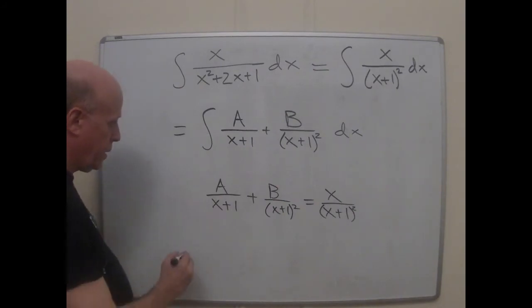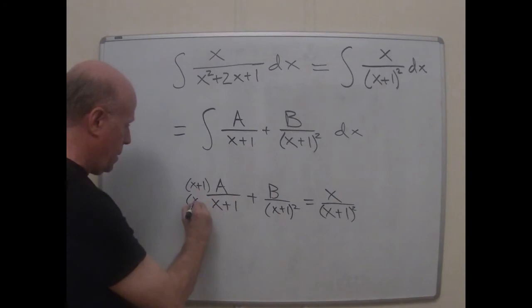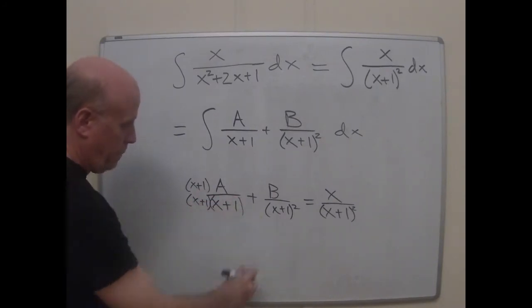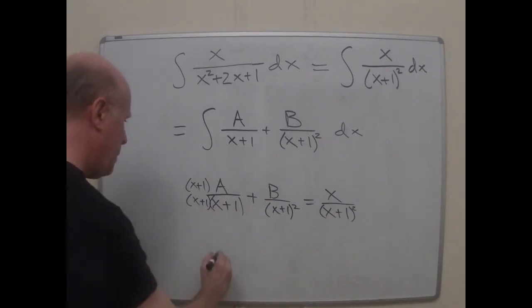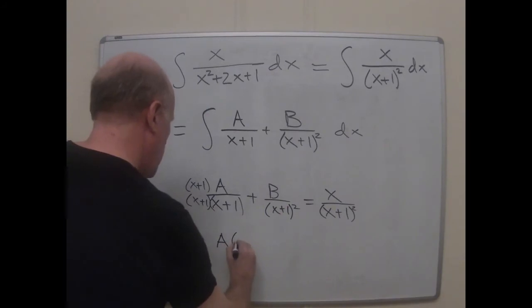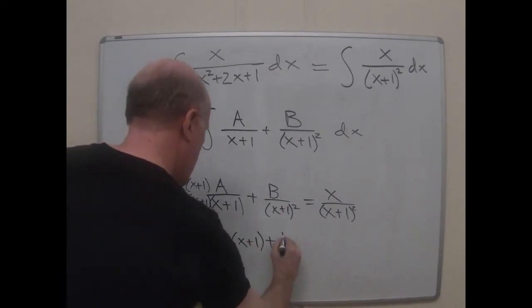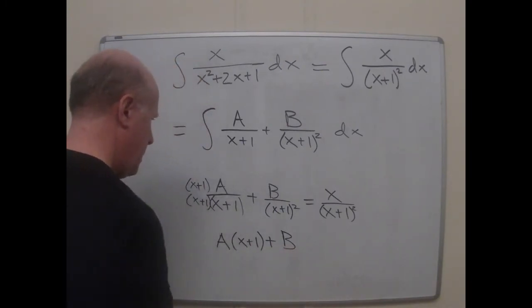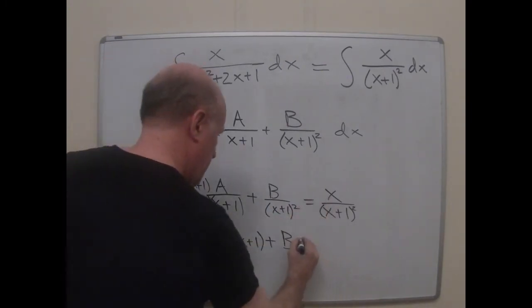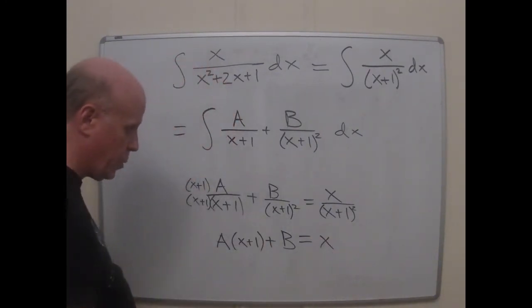You need to have an extra copy of x plus 1 on this side, both in the top and the bottom, and then we'll have the same denominator, right? So that gives us A times (x plus 1) plus B must be equal to x, because both of these fractions have the same denominator, (x plus 1) squared, so the numerators have to be equal.